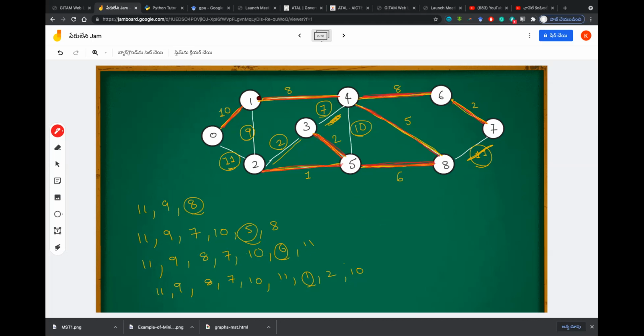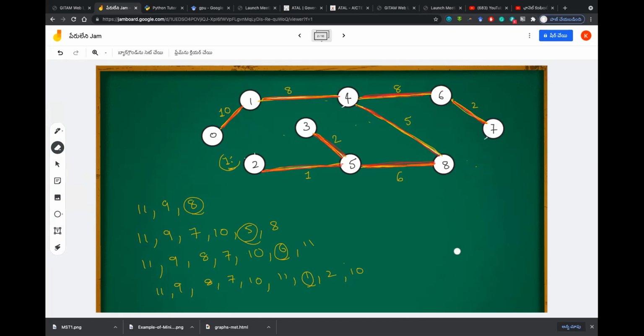So wherever you see there is no cycle, that's what you need to remember. So I will just rub up these things so that you can visualize what happens here. Okay, so this is the spanning tree that we got.